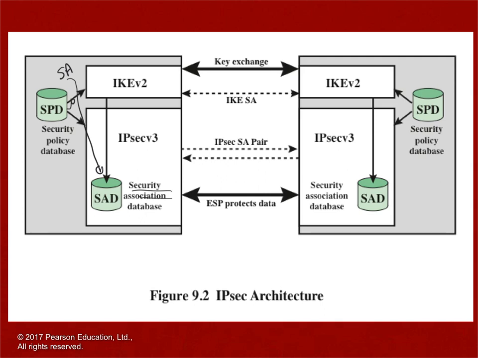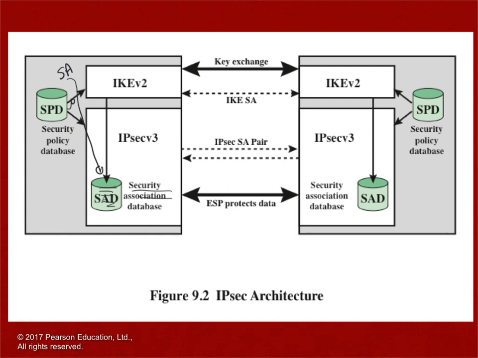In the security association database, we find all the details about the security context for that particular traffic. Whether this traffic needs to use a specific algorithm for encryption, a specific algorithm for authentication, what are the keys, everything will be stored in this security association database.